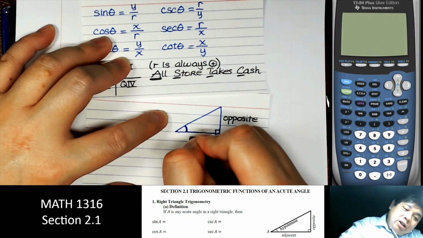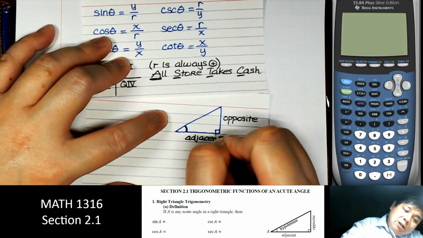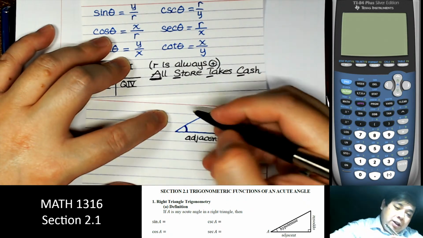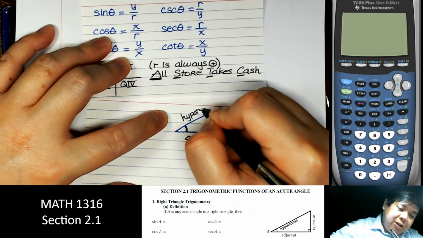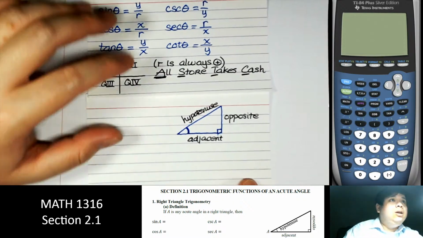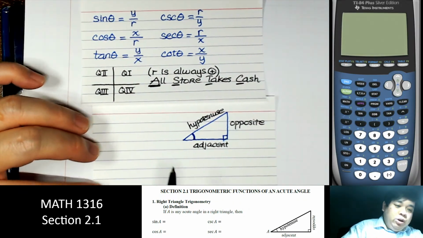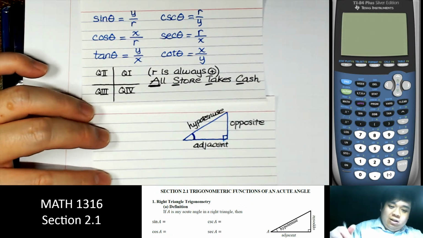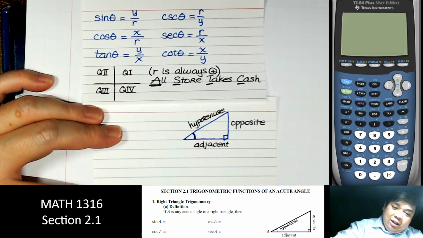And this is adjacent. And the longest side is the hypotenuse. And then with that we define the trig function. Let the angle be angle A.